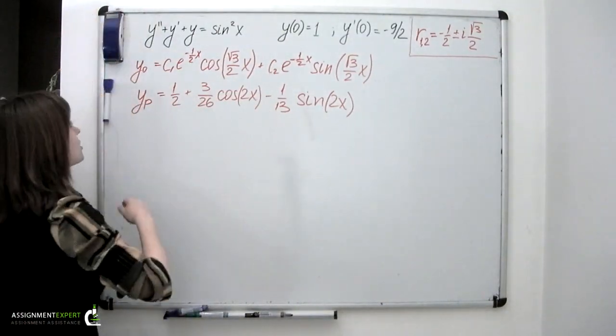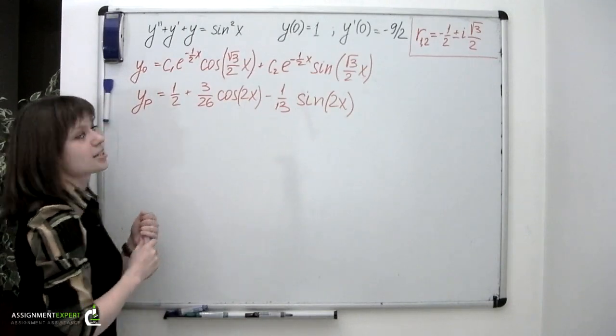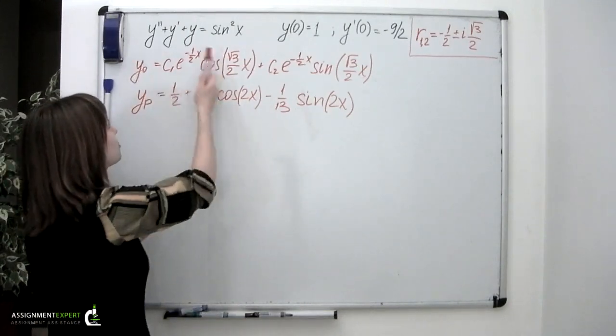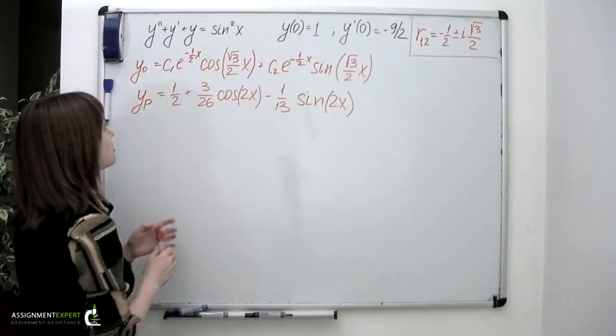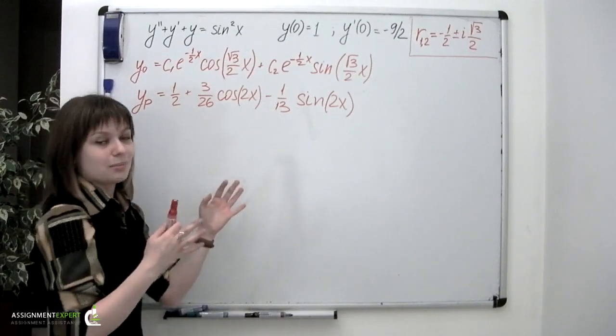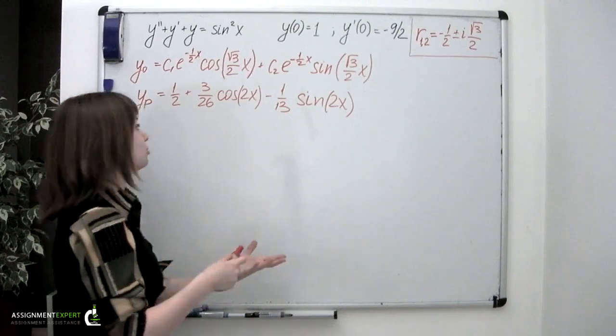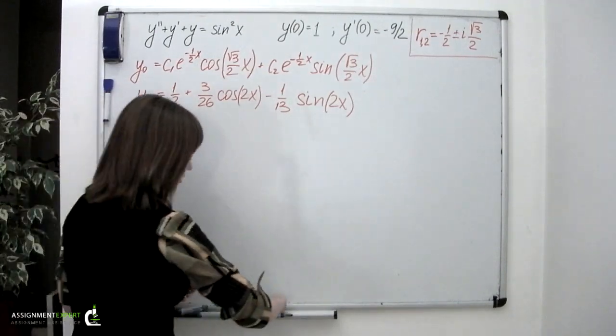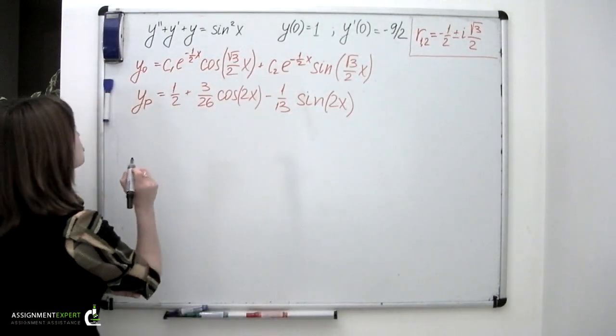And now, as we know the solution of the homogeneous equation corresponding to the given one and the particular solution of the given non-homogeneous equation, we can finally add them and write the whole solution to the original equation.